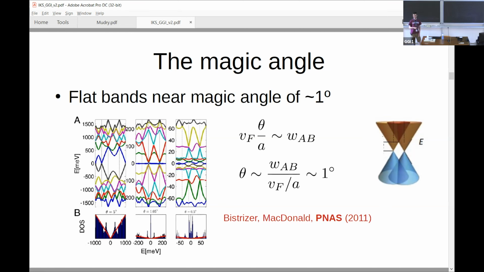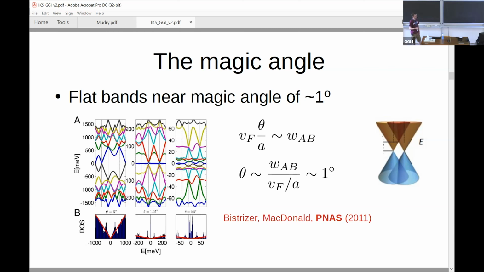And this is somewhat interesting because flat bands means we have high density of states, and so correlation physics will be important. And there's a way to compute this magic angle, just a very rough sort of scaling argument that I want to give to show you where this 1 degree comes from.